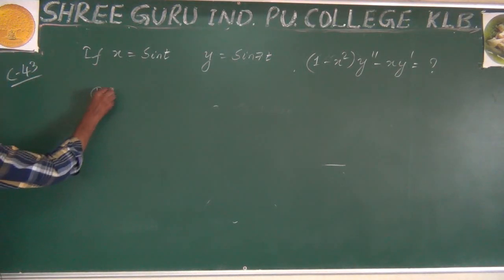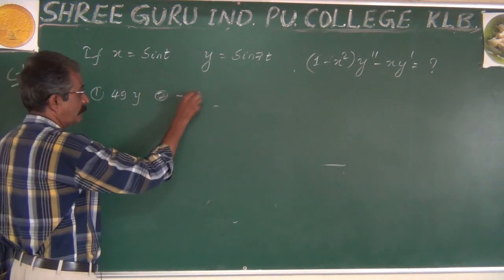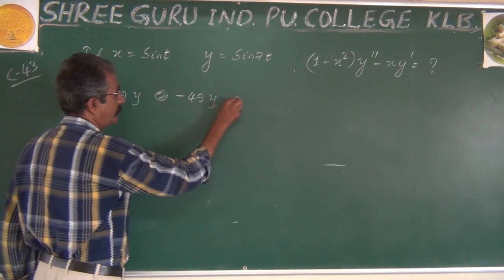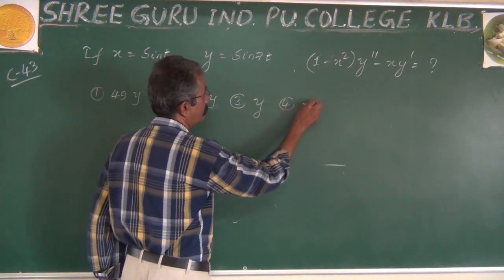First option 49y, second option minus 49y, third option only y, fourth option minus y.